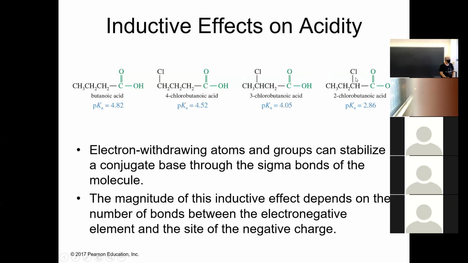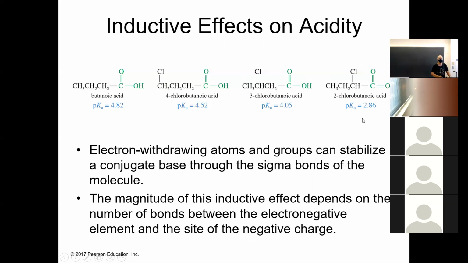Notice what happens as we move the chlorine farther away. The effect drops off very quickly. Comparing 2-chlorobutanoic with butanoic, that's a difference of 2 pKa units.